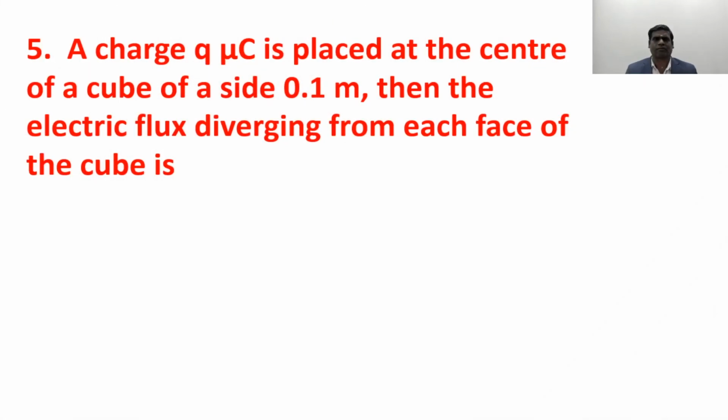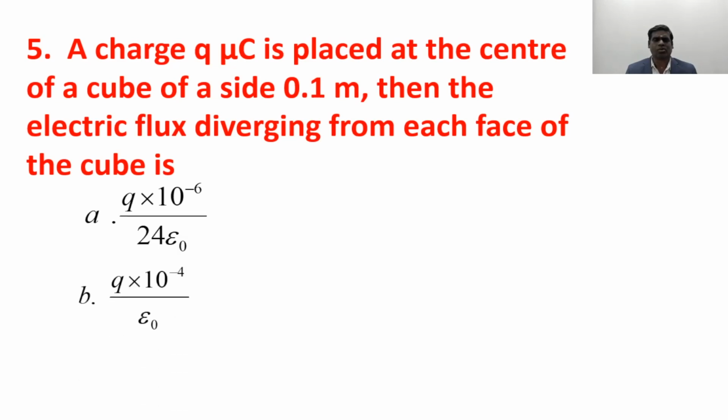Question number 5. A charge q microcoulomb is placed at the center of a cube of side 0.1 meter. Then the electric flux diverging from each face of the cube is dash. Option A, q into 10 power minus 6 divided by 24 epsilon naught.